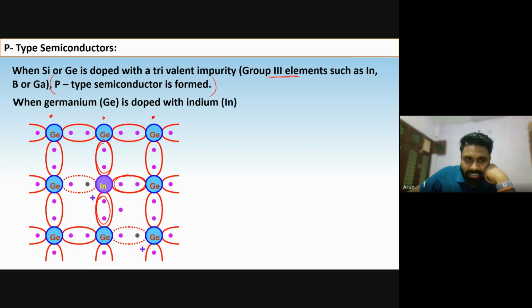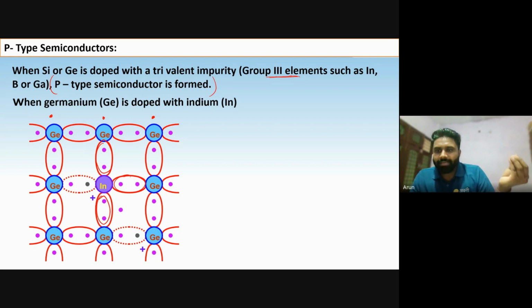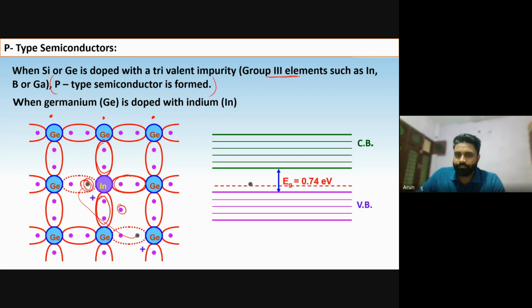So you can see that in the intrinsic case, the number of electrons will be equal to the number of holes, because as many electrons come out, the same number of holes will be created. But here one hole is already present. So you can see for one electron there are two holes. And this will happen on a very large scale, so the number of holes will be greater.